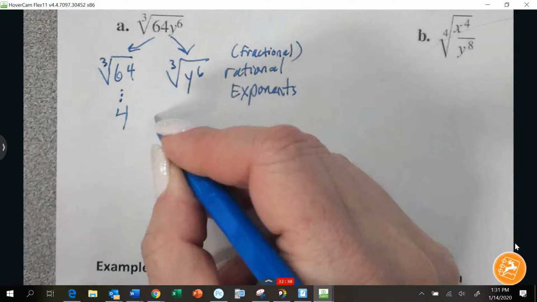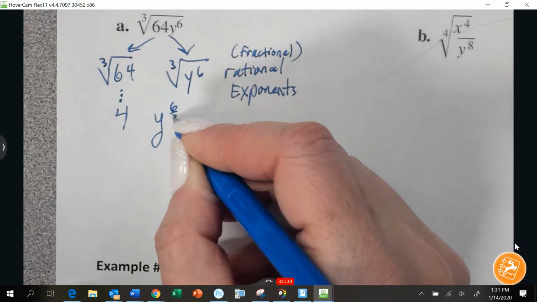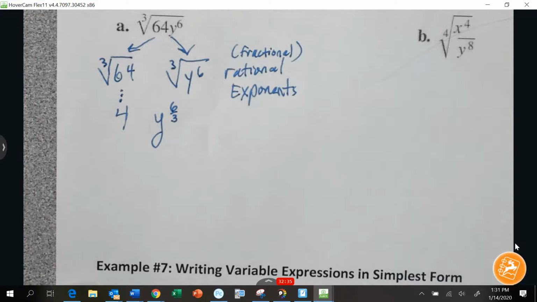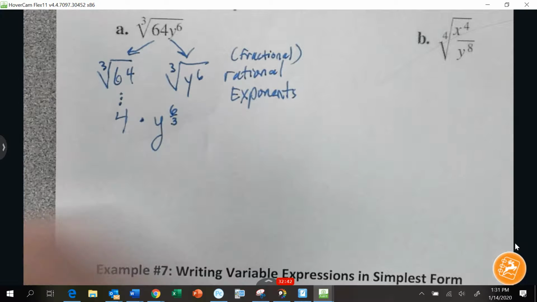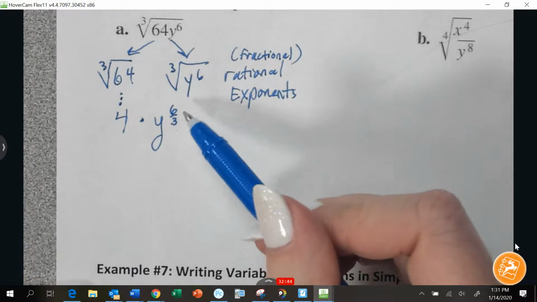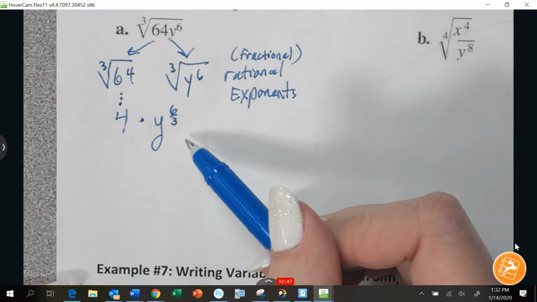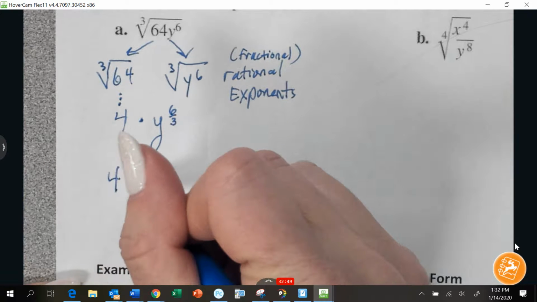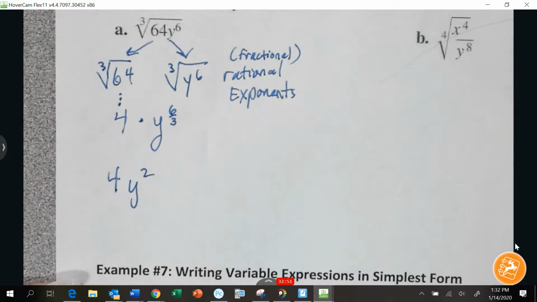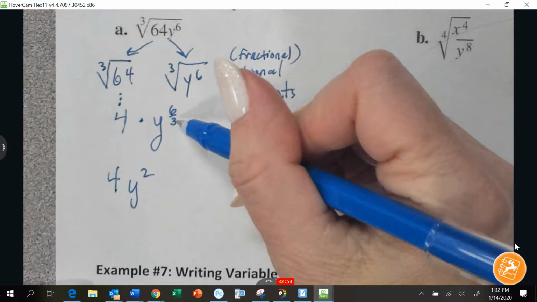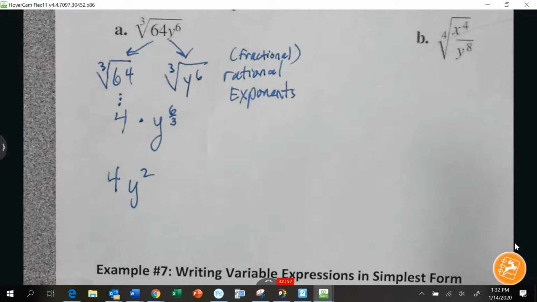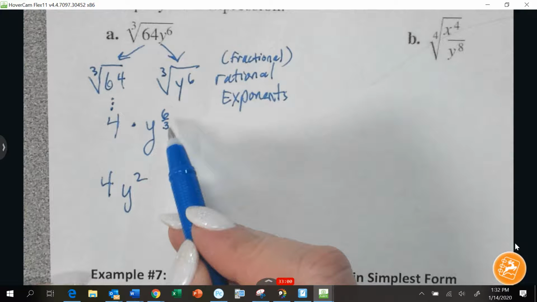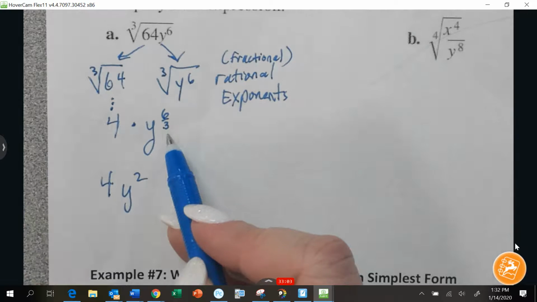Change this into y to the 6 over 3. Because remember, roots grow in the ground, so the root goes in the bottom. And then these will be applied together. Can I simplify anything when I do y to the 6 over 3? It's 2, isn't it? So we get 4 multiplied by y squared. There's no remainder when I divide 6 by 3, so this comes out perfectly. Like there's no radical left over. There's no cube root left over. There's no fraction.